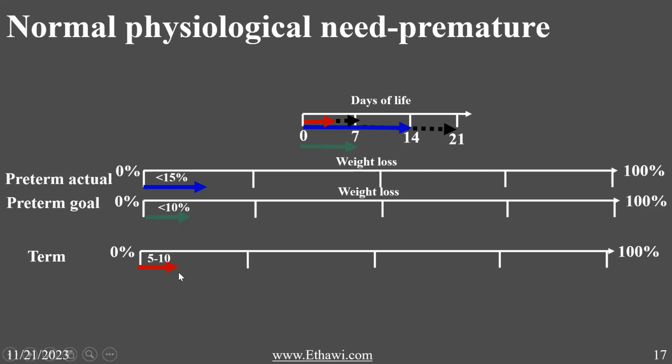Term babies usually lose 10%, but the goal is to allow them to lose only 5%. If babies regain the birth weight by day 7, so if the birth weight is 3 and on day 7 it is 3, we're doing an excellent job for feeding and nutrition. If they regain the birth weight by day 14, we're doing reasonably acceptable feeding, nutrition and management.